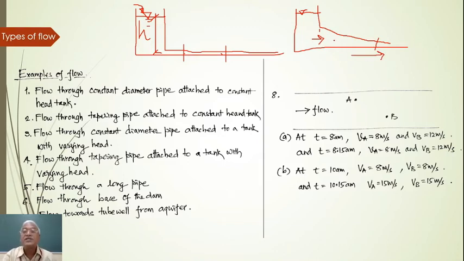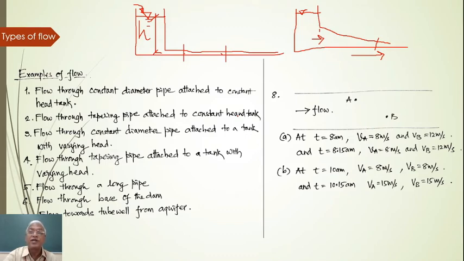So velocities at different points, if you observe, are changing, but as this head is constant, whatever velocity is there here will be the same there. With respect to time, it is not changing, but with respect to space, it is changing. That's why in the second case, it is non-uniform flow, but it is a steady flow.